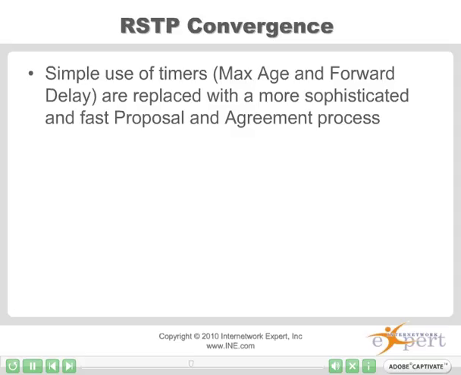Can you imagine hooking all your switches together using a hub? I mean, it's very, very silly. So we use point-to-point full duplex connectivity between our switches anyways, and that's good because it is a requirement for this proposal and agreement process to quickly decide upon a converged loop-free topology.